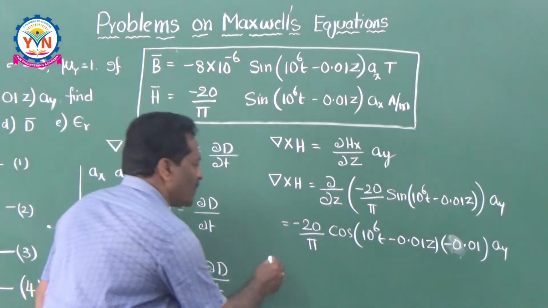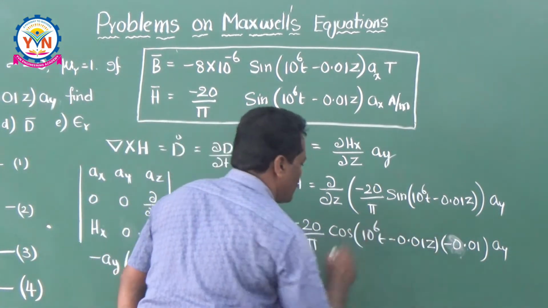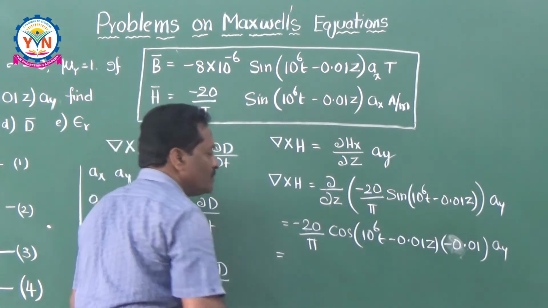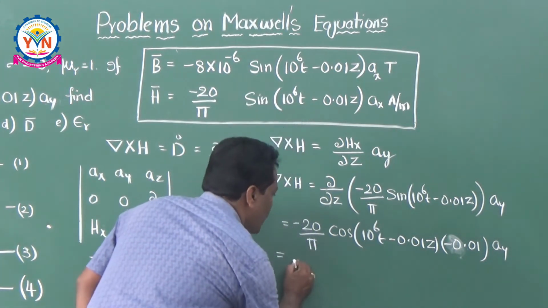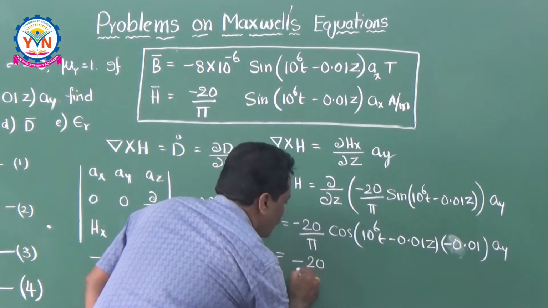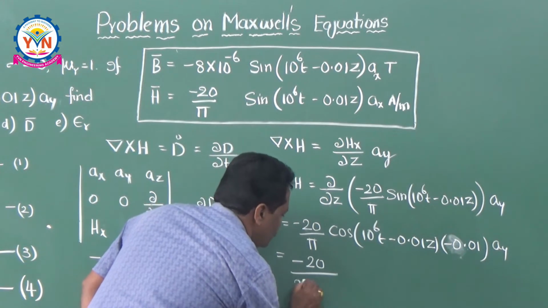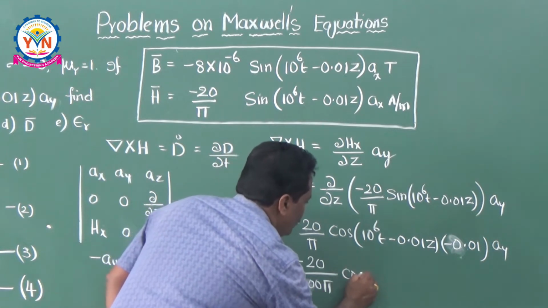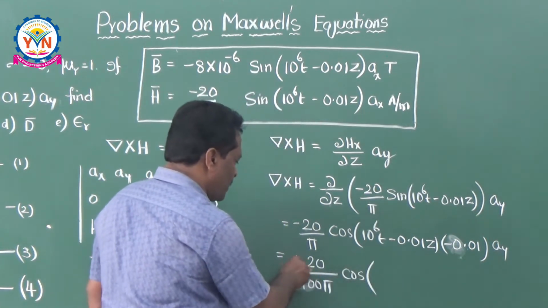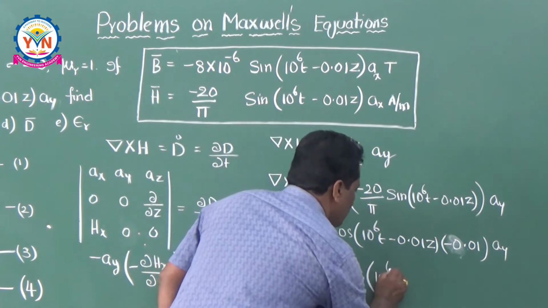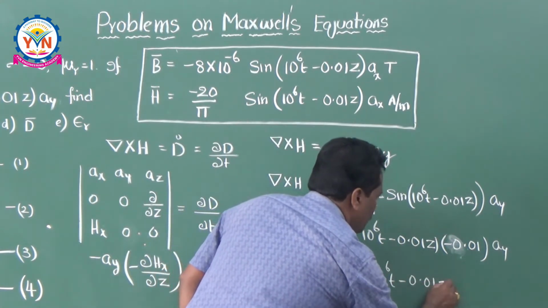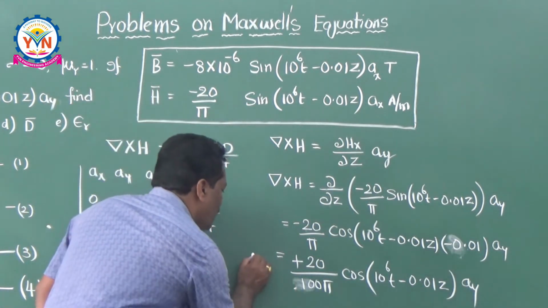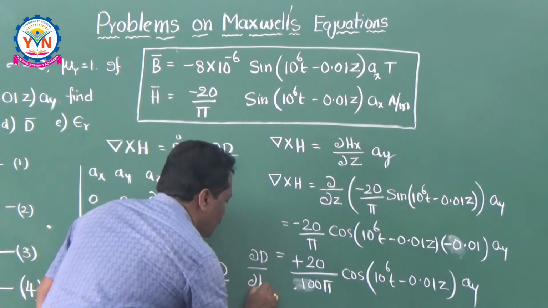So you can say this is equal to minus of minus becomes plus, and 20 divided by 100, that is nothing but 0.2, so this is 20 divided by 100 pi into cos of 10 to the power of 6t minus 0.01 into z into AY. So this is nothing but dou d by dou t.